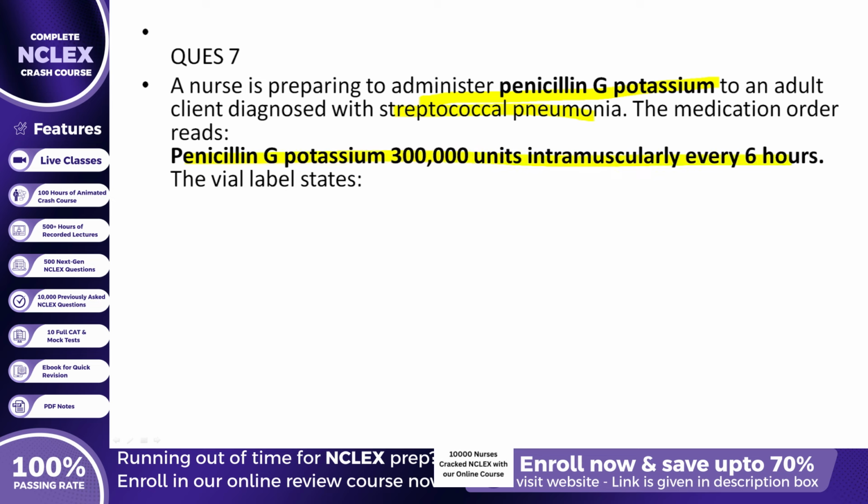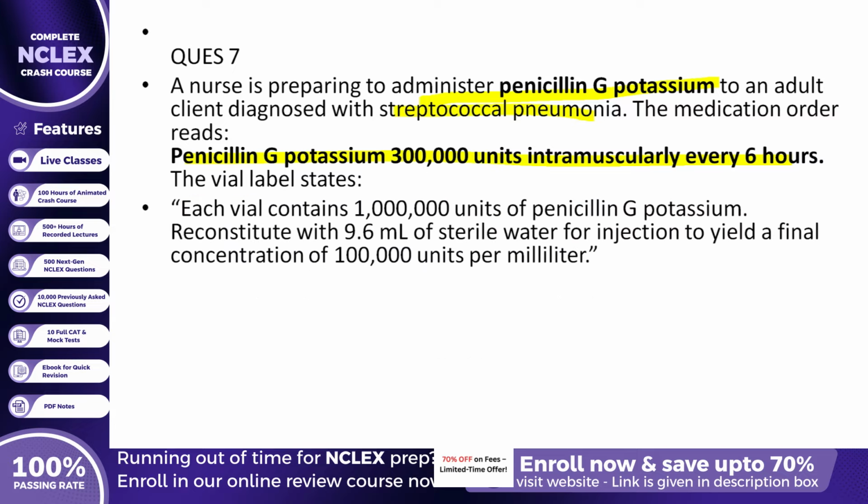The vial label indicates each vial contains 1 million units of penicillin G potassium. Reconstitute with 9.6 milliliters of sterile water for injection to yield a final concentration of 100,000 units per milliliter. Now, the question is, how many milliliters of the reconstituted solution should the nurse draw up for 1 intramuscular dose, recording the answer to 1 decimal place?